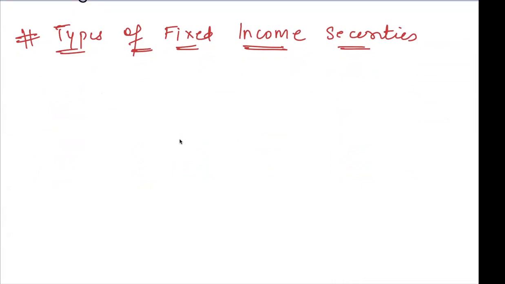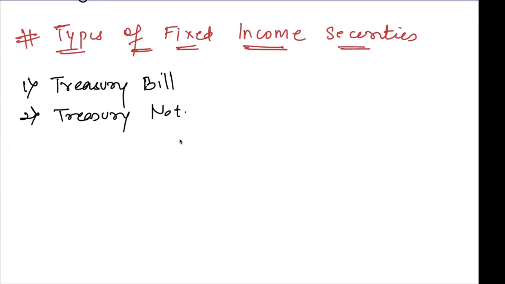Let me tell you certain types of fixed income securities. So we have treasury bills, treasury notes, treasury bonds.